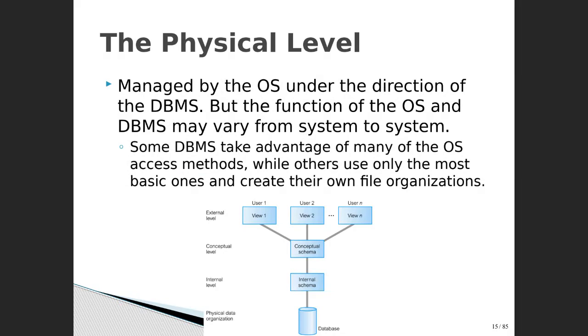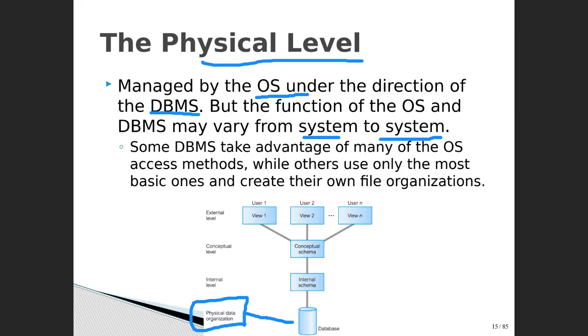Now, after this, you can see that the internal schema, the database itself, will have the physical level. The physical level will be managed by the operating system and under the direction of the database management system. So they will work together, but this may vary from system to system because it depends on the operating system.